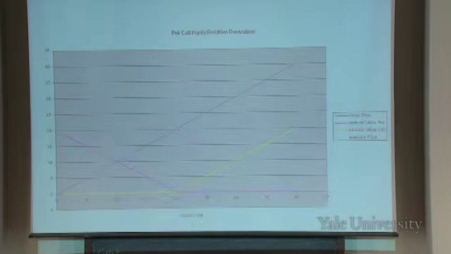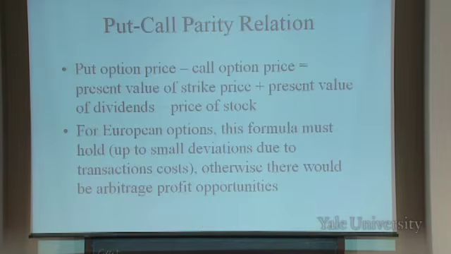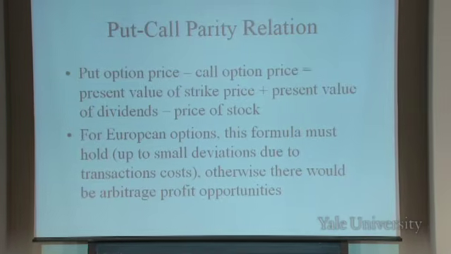Okay, so now I wanted to stress the put-call parity relation. And this is another arbitrage thing: the absence of arbitrage opportunities implies that the put option price minus the call option price equals the present value of the strike price, discounting it from the exercise date to the present, plus the present value of any dividends coming between today and the exercise date, minus the price of the stock.